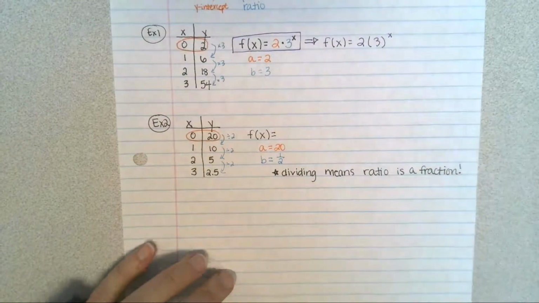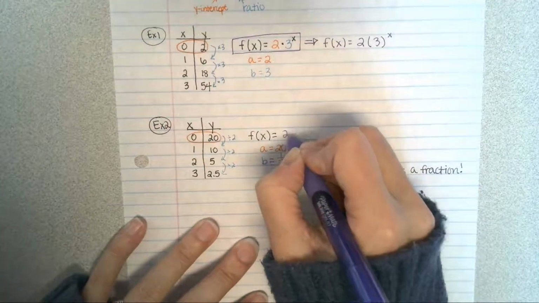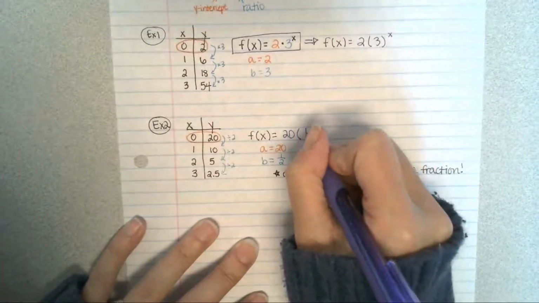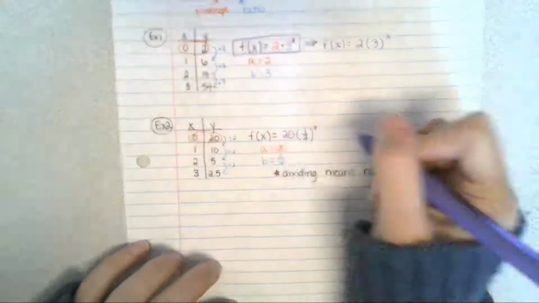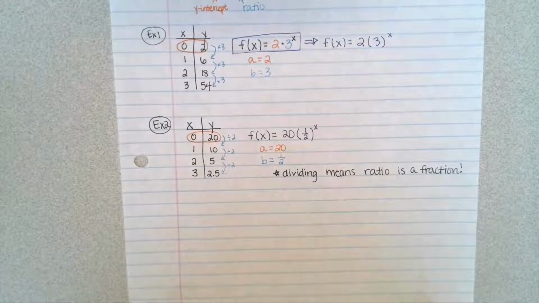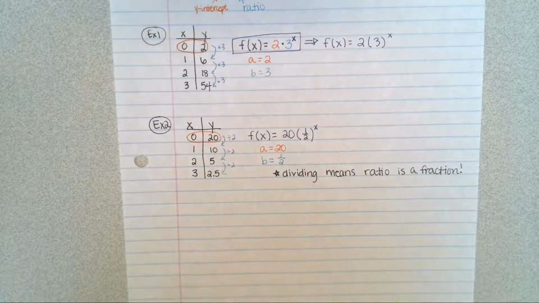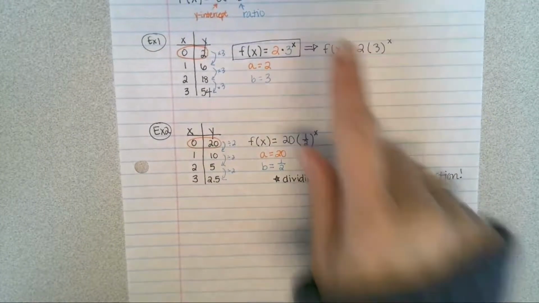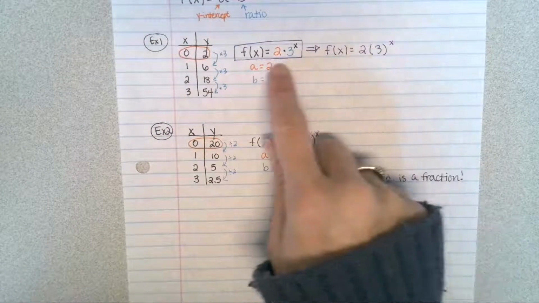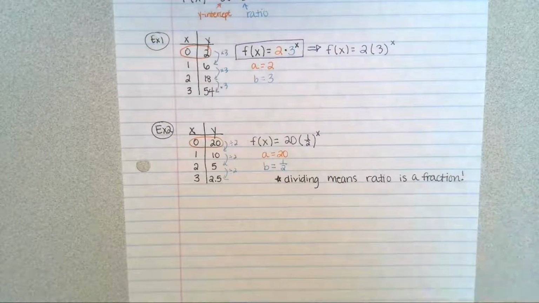And when I put that all together, it's going to be 20, parentheses 1 over 2, raised to the x. And that's it. So dividing means the ratio is a fraction. Otherwise, everything goes in exactly how you normally would write it, and that's it. That is all you need to know about writing exponential functions from a table.